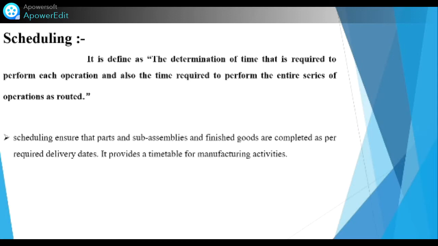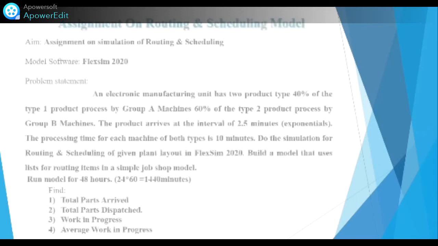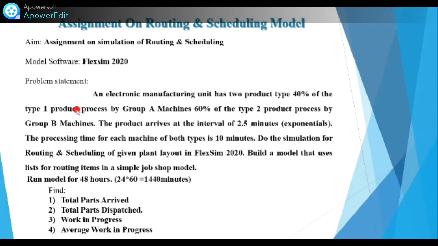So for simulation of both, we want one problem statement. So here we have one problem statement. An electric manufacturing unit has two product types. 40% of the type 1 product is processed by a group A machine and 60% of the type 2 product is processed by a group B machine.